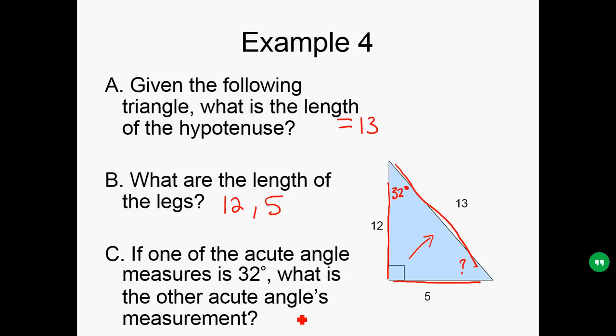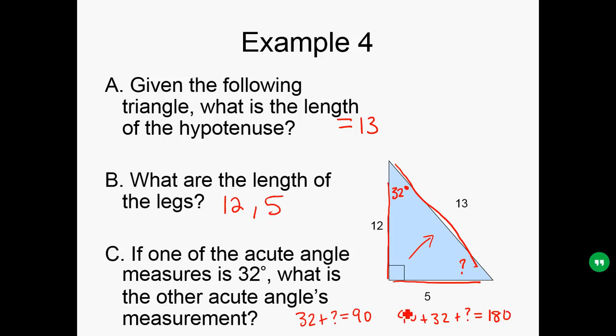So 32 plus some number has to add up to 90. You don't have to think of it that way, because you could just say 90 plus 32 plus that unknown corner is going to add up to 180.